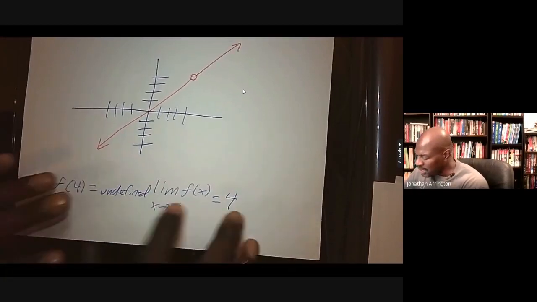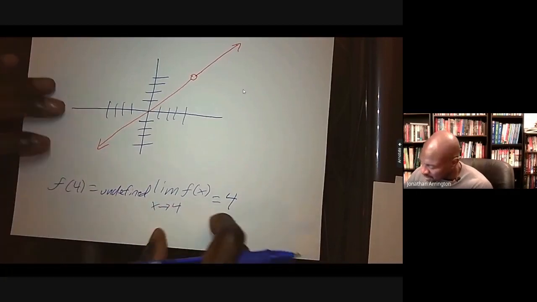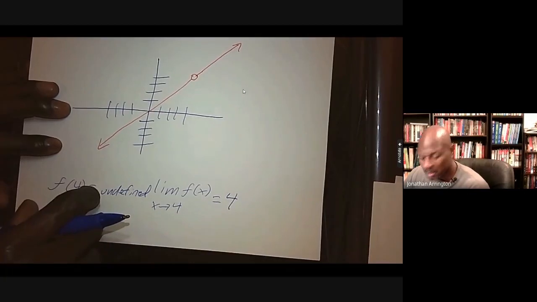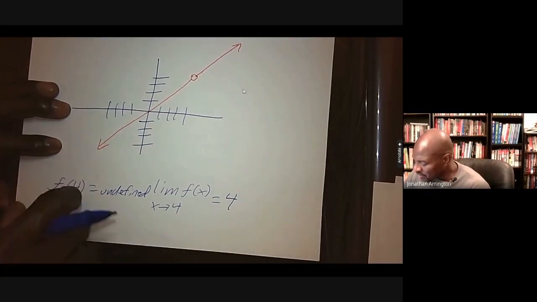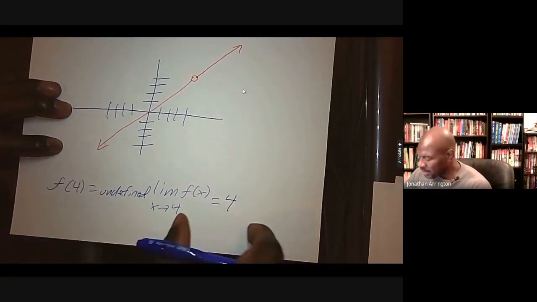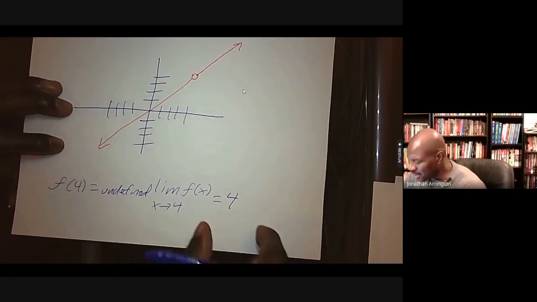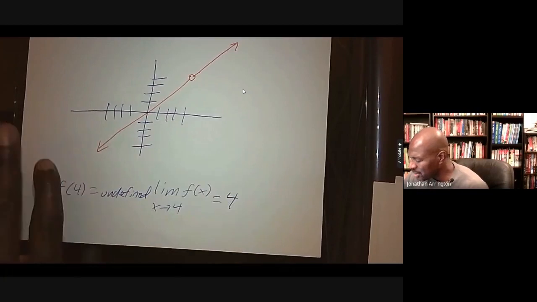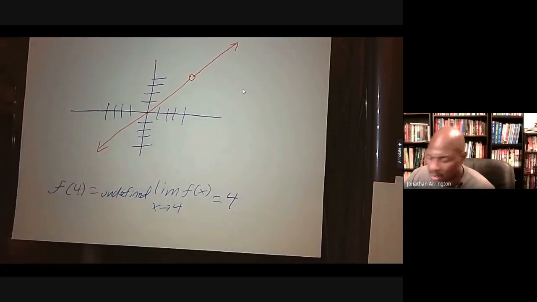These are two independent things. The limit can fail to exist and the function at the value could be a number. The function at the value could be undefined and the limit could not exist. So they're independent of each other. One has no bearing on the other.